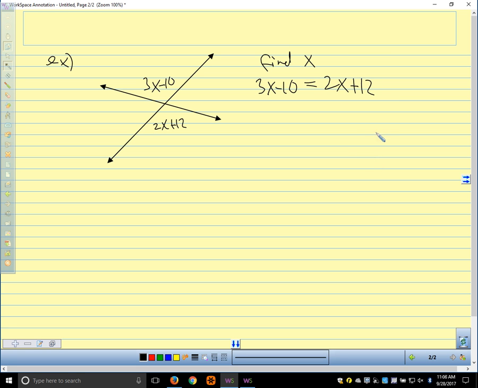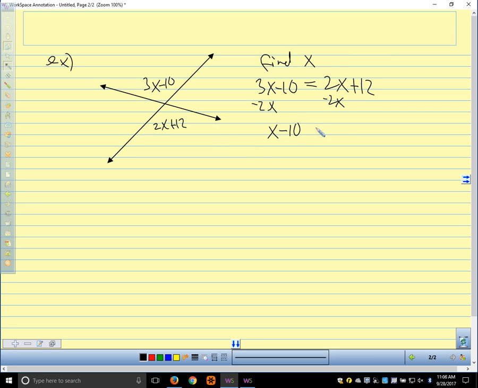Equals means the same. And now we just have an algebra problem. Subtract 2x from both sides. Unless the problem tells you to justify your steps, you can just do the algebra. We don't have to give all of our reasons.